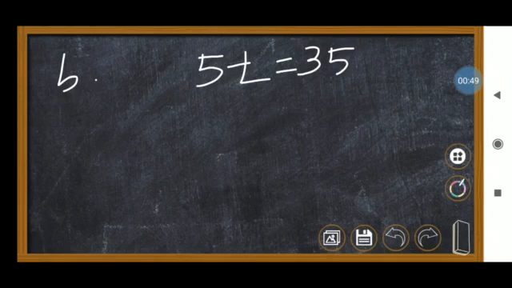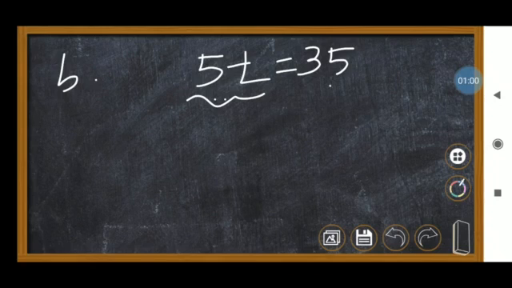Please read the problem. Complete the table and by inspection of the table, find the solution to the equation 5t equal to 35. So 5t is equal to 35. If you look at the left hand side, they have given an expression with a variable. On the right hand side, they have given an expression without a variable.